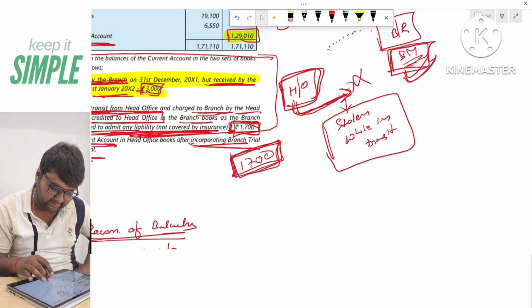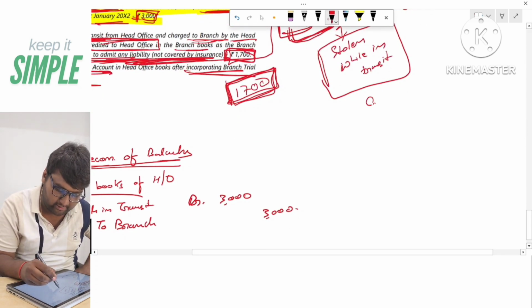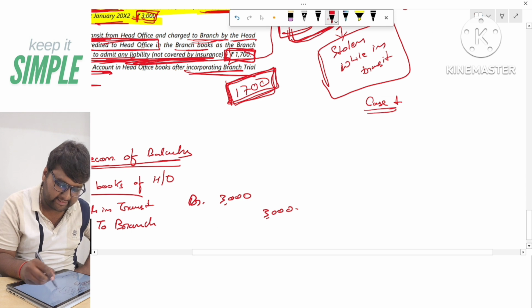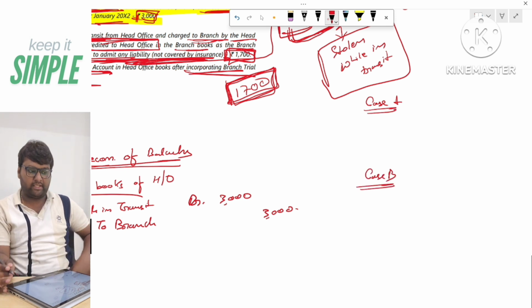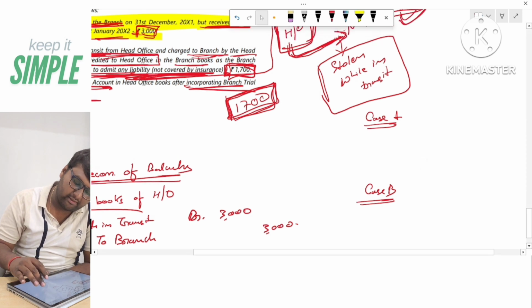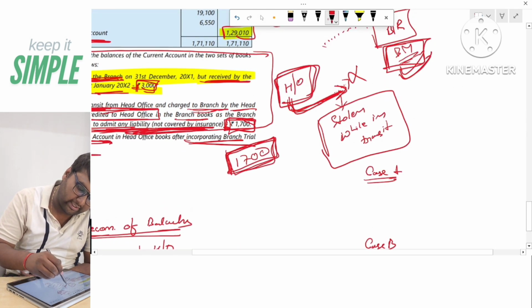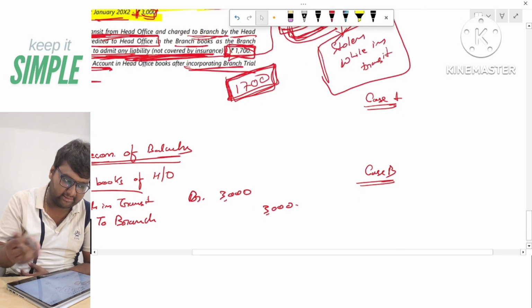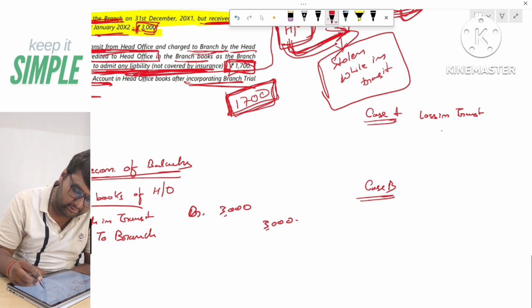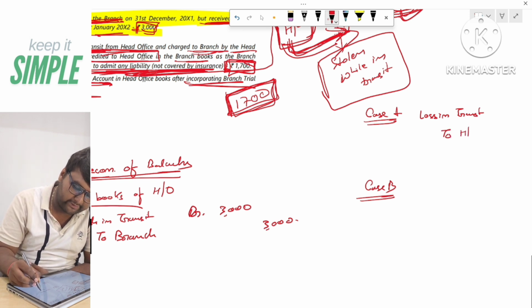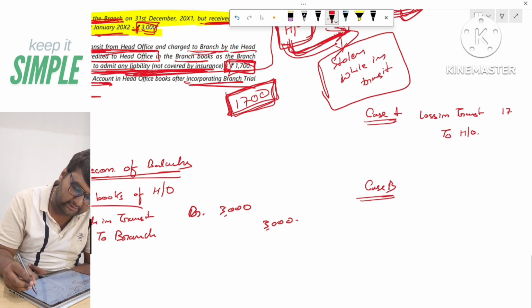There are two cases, case A and case B. In the first, head office has already passed the entry, and now the branch will pass the entry accepting the loss, that is, loss in transit to head office, 1,700.